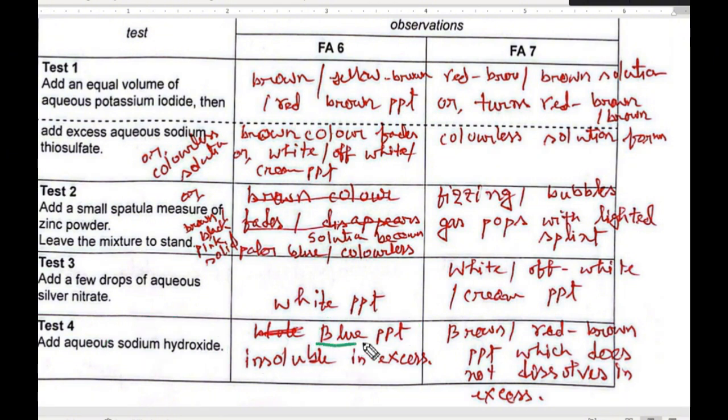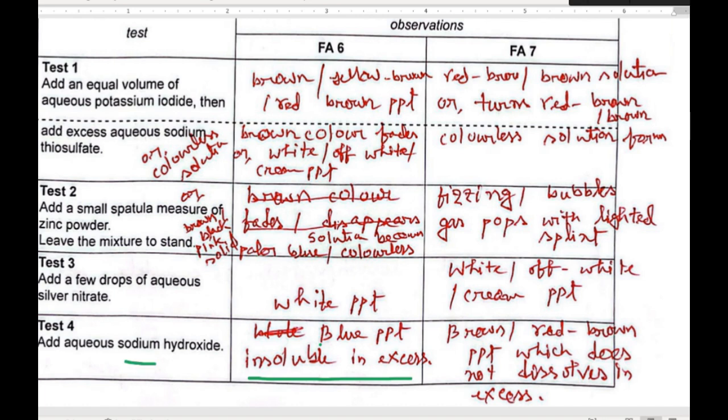And some of you write blue, but you will not get the mark. Blue what? Blue solution or blue precipitate or blue solid? You must write blue precipitate. Then insoluble; if you don't write this line, you will lose 1 mark. So you write this precipitate does not dissolve in excess sodium hydroxide, must mention.